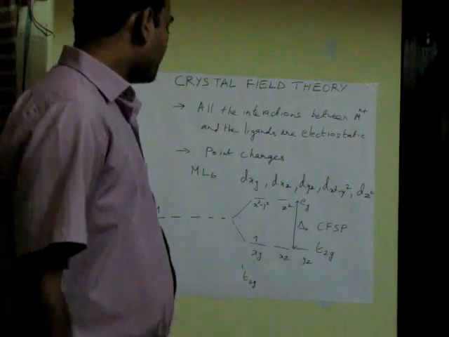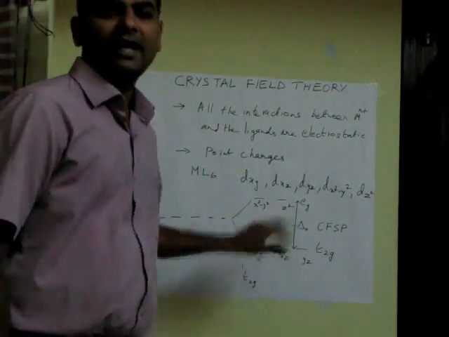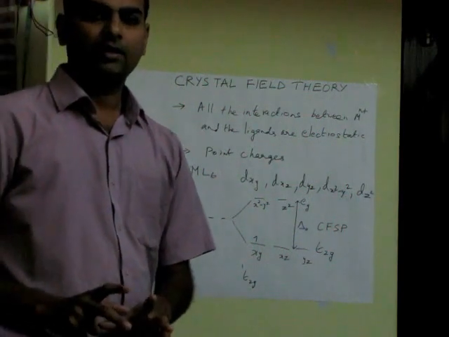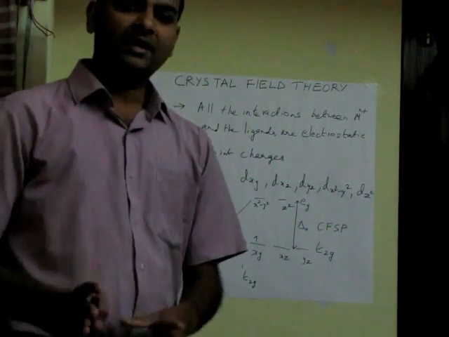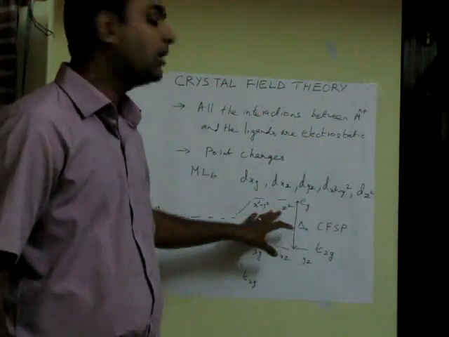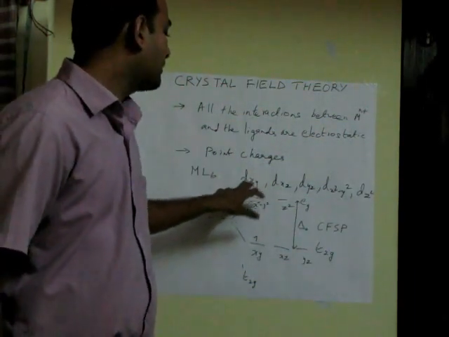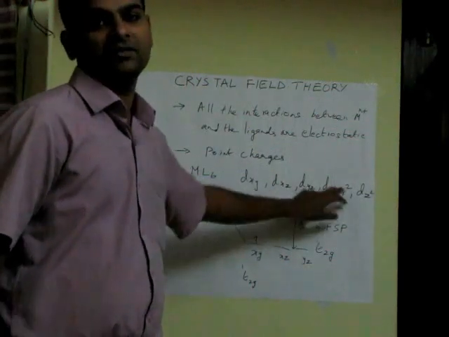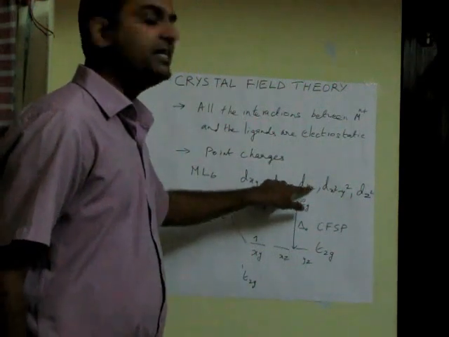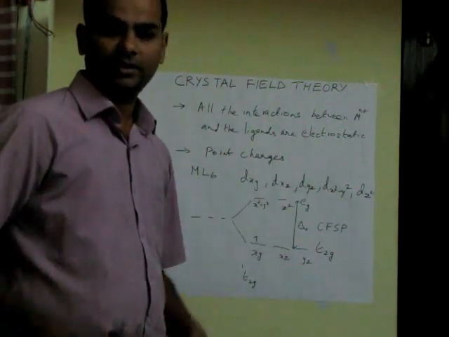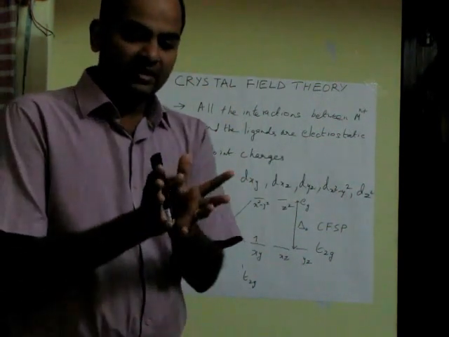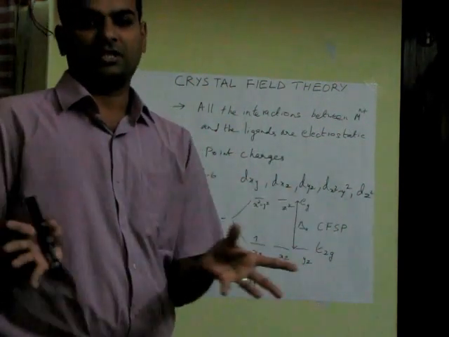Great. Now, why does this splitting even happen? This is a very important question, and the reason the splitting happens is because of the directional nature of the orbitals, the lobes of the d orbitals. So dxy, dxz and dyz are three orbitals which have four lobes directed in between the Cartesian axes.